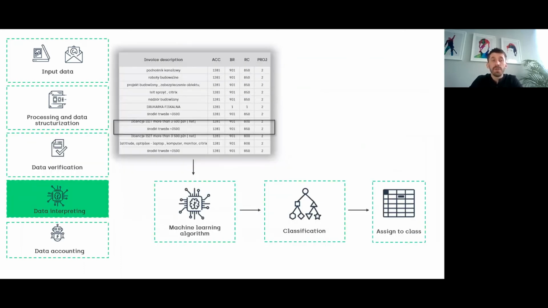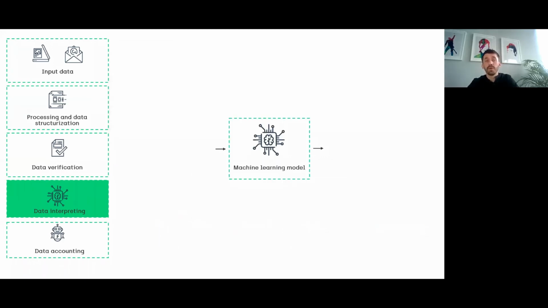The next step is usage of the machine learning algorithm. So before we were able to implement this step, we had to create learning data for our model, and this batch of learning data was prepared by accountants within Scania. So we were able to use those data to teach our model how to process the documents.